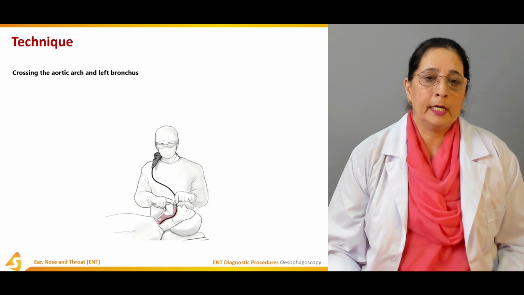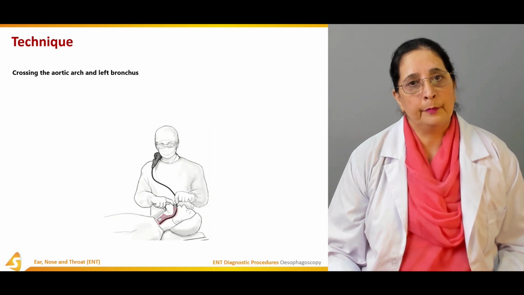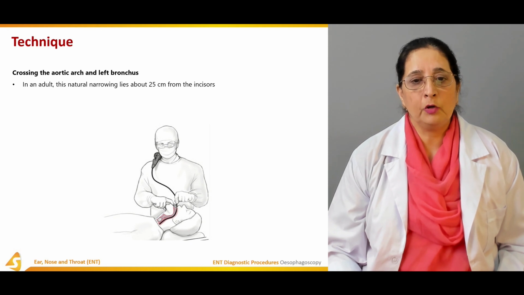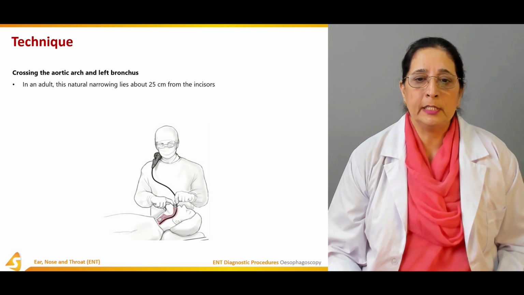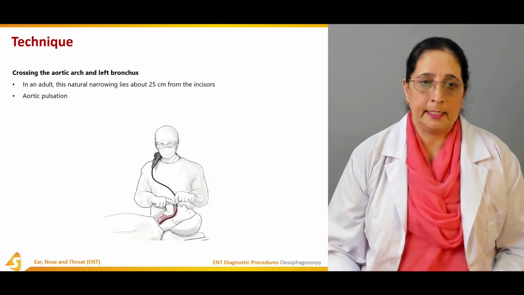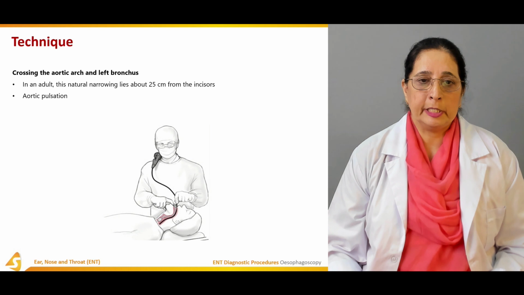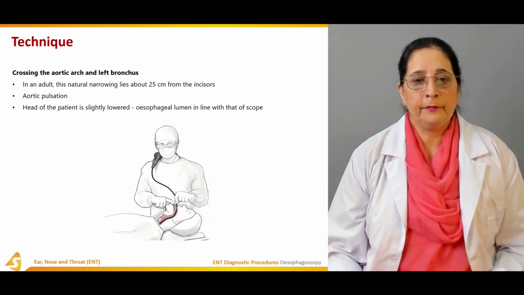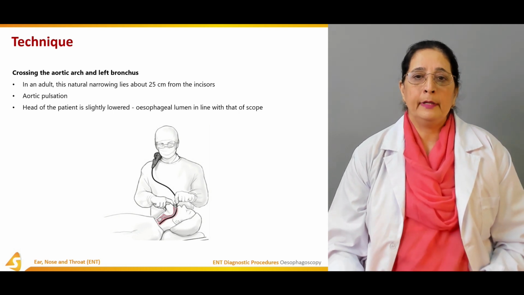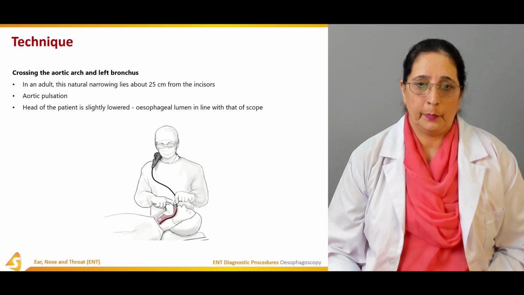Crossing the aortic arch and left bronchus: in an adult, this natural narrowing lies about 25 centimeters from the incisor teeth. Aortic pulsation is seen. The head of the patient is slightly lowered, esophageal lumen in line with that of the scope.